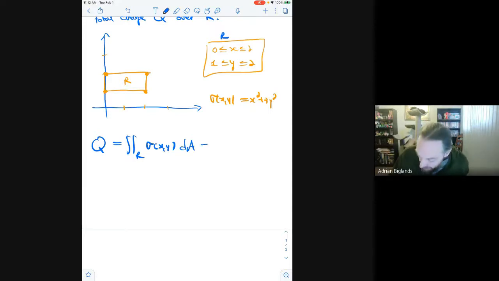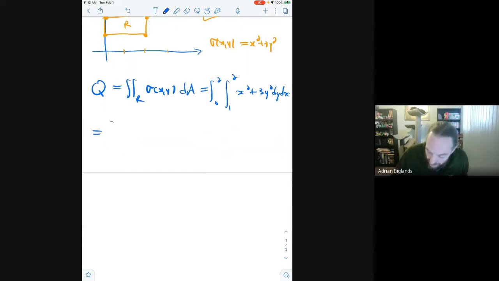So this will equal the integral from 0 to 2, the integral from 1 to 2 of x squared plus 3y squared dy dx. I like to stick to my guns and do dy first, always if I can. This will equal the integral from 0 to 2 of, I'm taking the antiderivative, so x squared y plus y cubed, meow meow, there's a cat meowing in the background, from 1 to 2 dx.